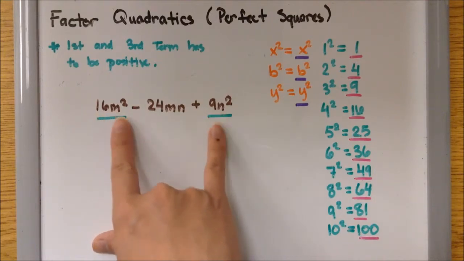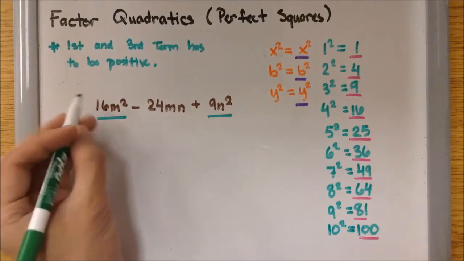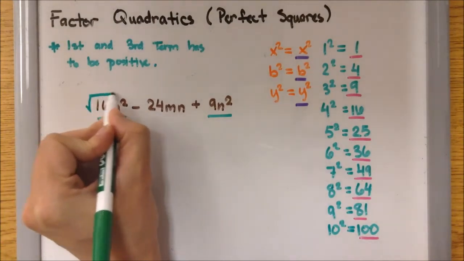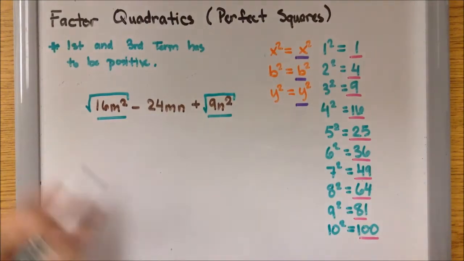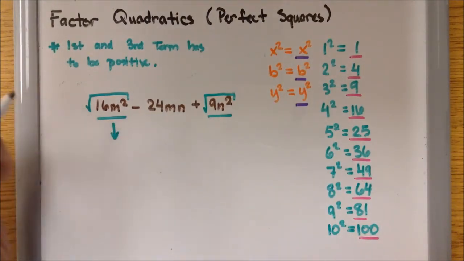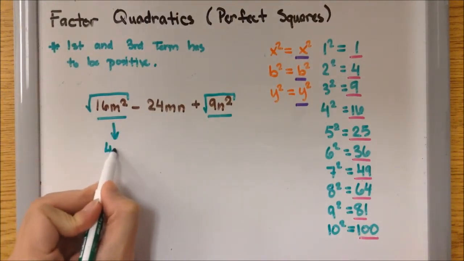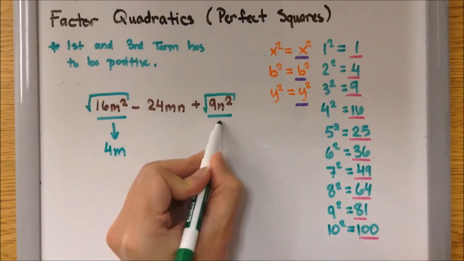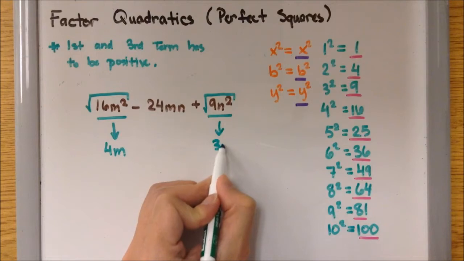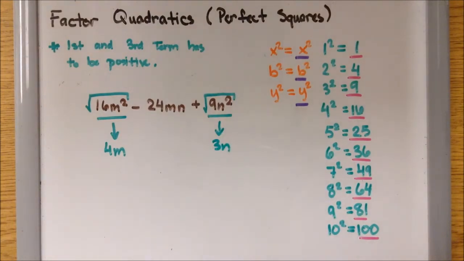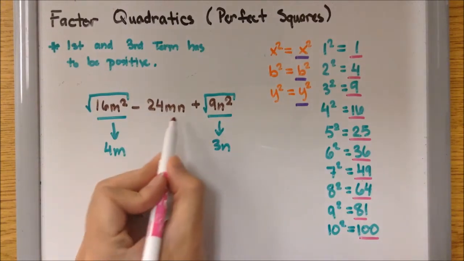So positive perfect squares, we're going to take the square root of both of them. The square root of 16m squared will be 4m. The square root of 9n squared will be 3n. Next we're going to check the middle term.